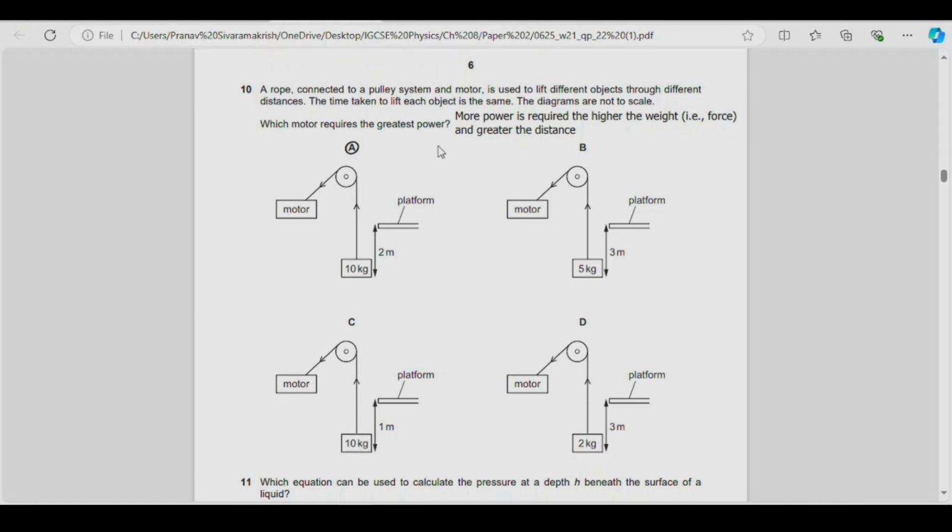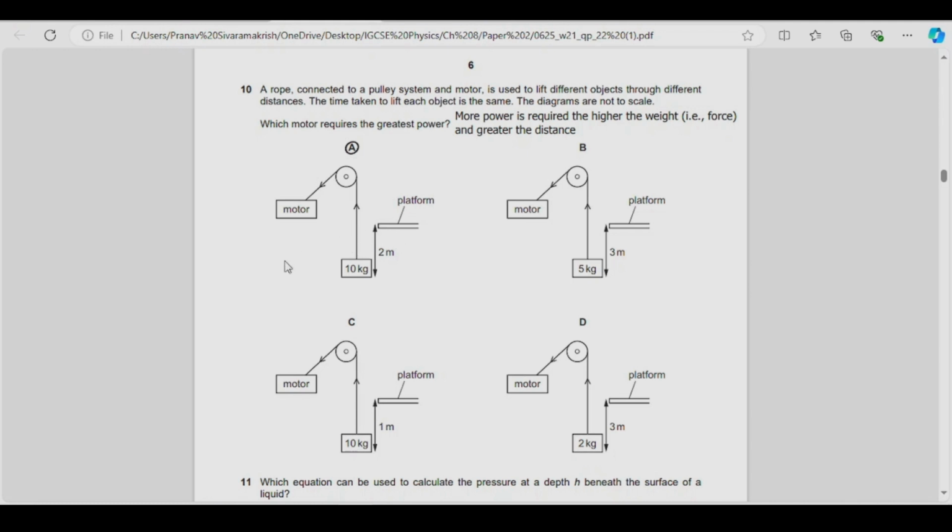So essentially, the question here, if you want to rephrase it, is how much gravitational potential energy is gained by each of these different weights for the different distances that they move. Because they're doing it over the same period of time, which means, again, the denominator of the power equation will be the same.